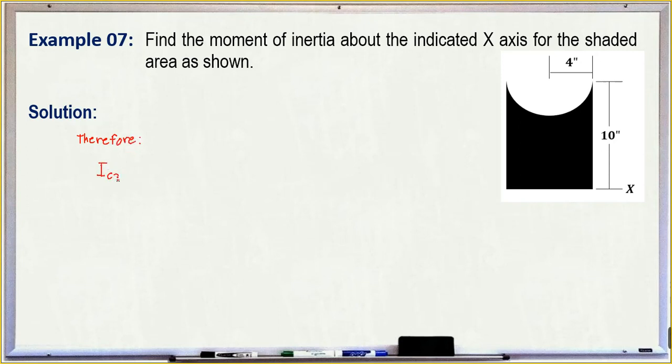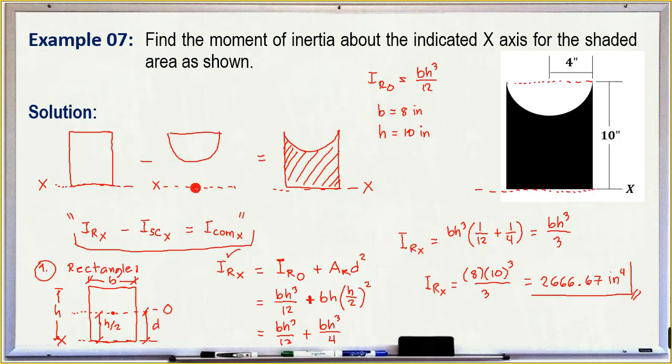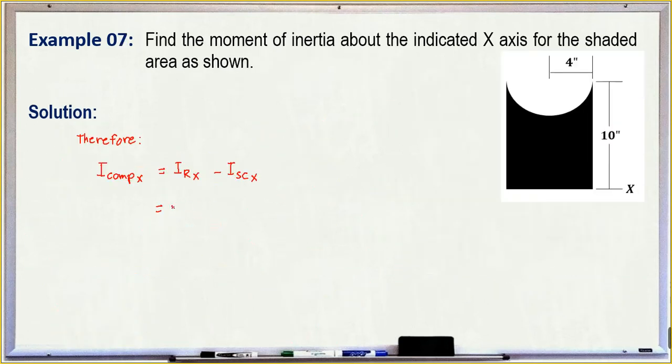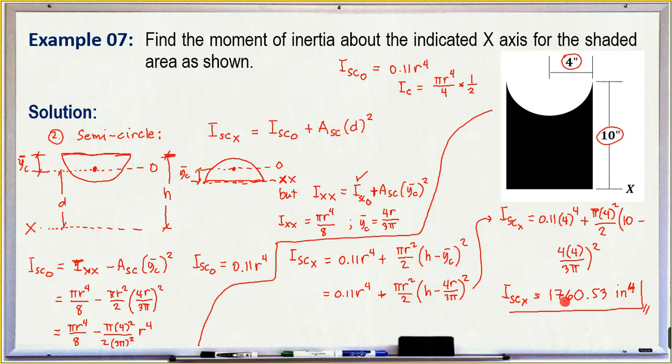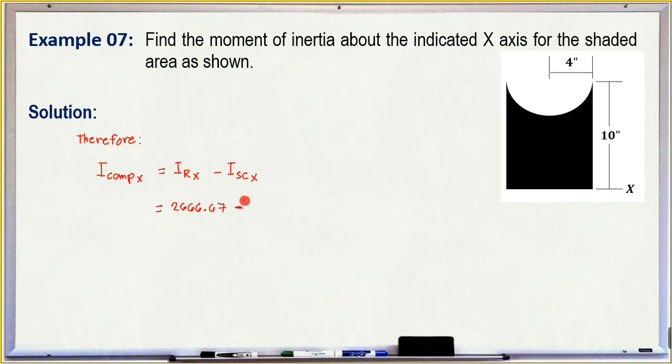we have I, the composite along the x-axis is I of the rectangle along the x minus I of the semicircle along the x. So starting with the rectangle along the x, from the previous slides, we have 266.67 minus the semicircle, 1760.53.